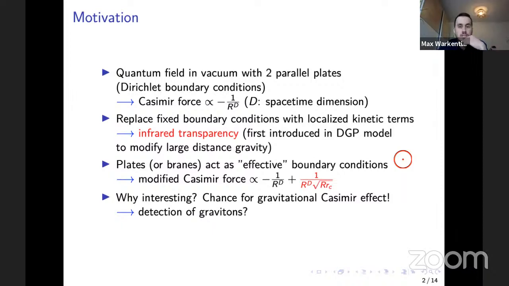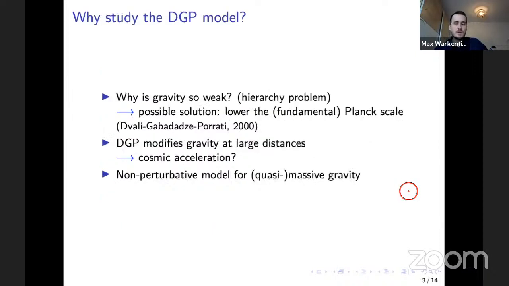But in the case of the gravitational field, this is very hard to do, even in principle, because the gravitational field interacts very weakly with any material. Hence the mechanism which I will describe here is maybe the best chance to actually realize a setup where one can have a gravitational Casimir effect. And if one were able to observe such an effect, it would be amazing, because this would indicate the existence of gravitons.